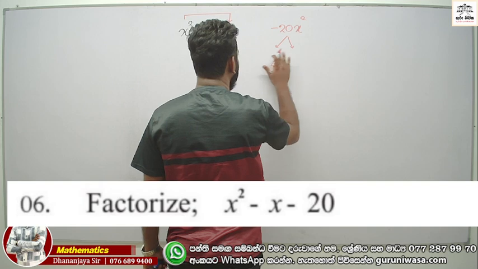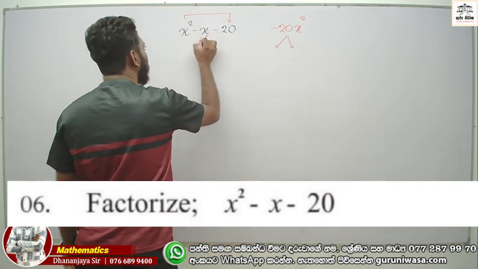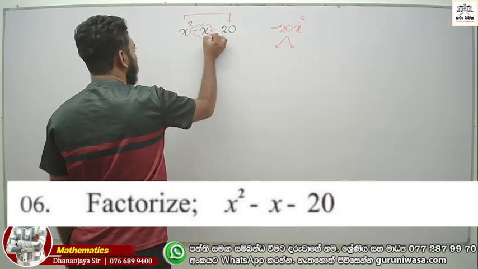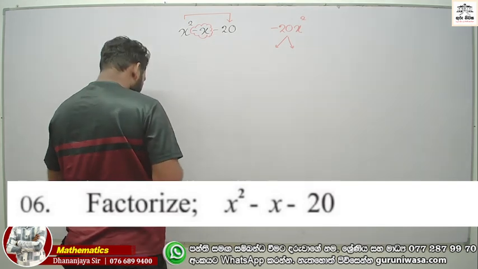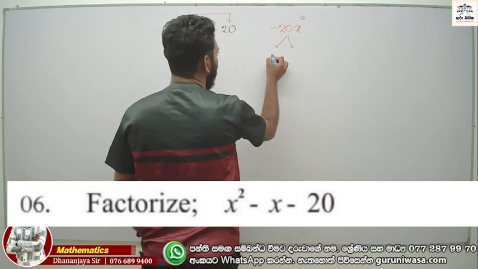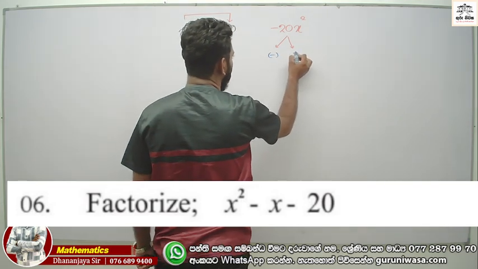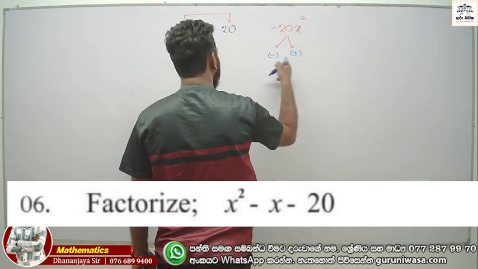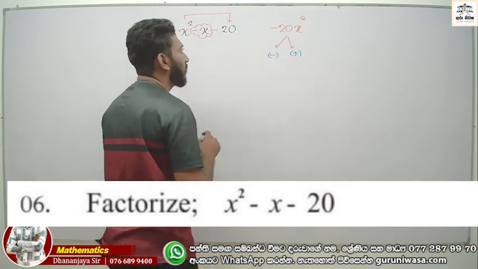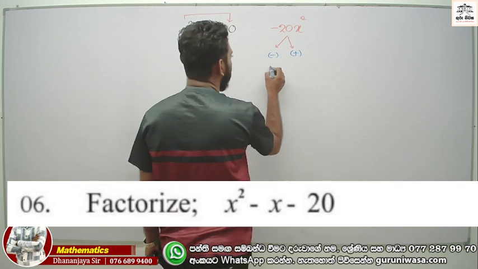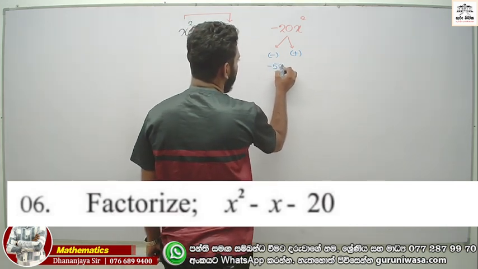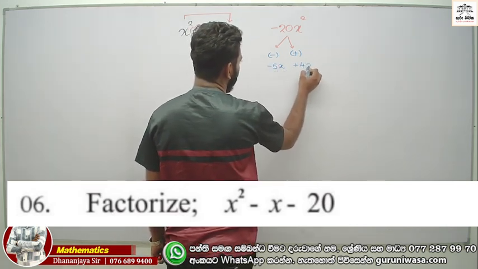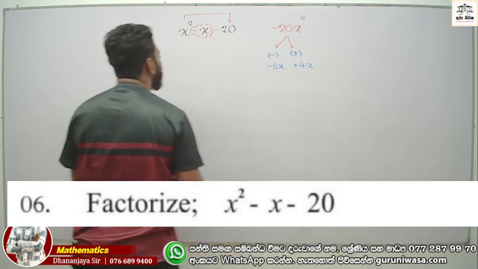The difference of these two numbers should be minus x. Therefore, the greater number should be negative, and the other becomes positive, because different signs make the product negative. Now 20 is minus 5x into plus 4x. These are the suitable couple for minus x.